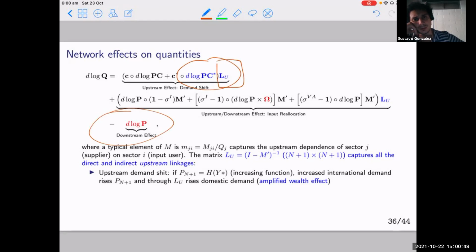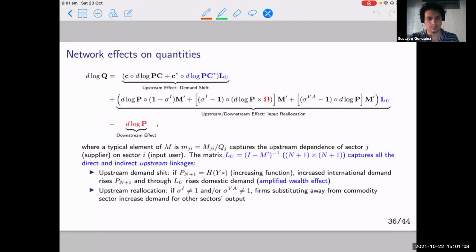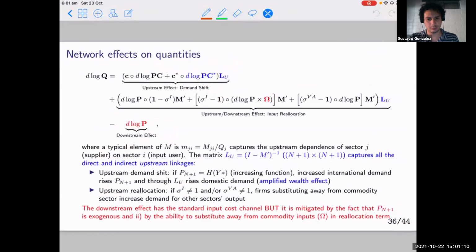And there is also this term in the middle that is about reallocation. Firms are going to reallocate away or towards commodities because of the relative change in prices, and that can also mute the downstream propagation channel if the elasticities are larger than 1, and can amplify the upstream propagation channel. So that would be, so far, and I'm running out of time, our main hypothesis.